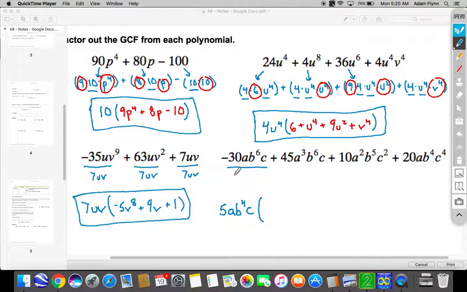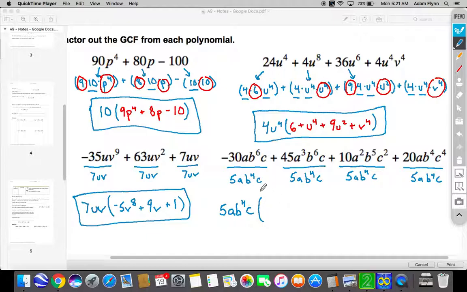So I can divide all my terms by my greatest common factor. And of course, we learned how to do this in A5 exponents back at the beginning of the year. If you need a refresher over that, please go back to the video.